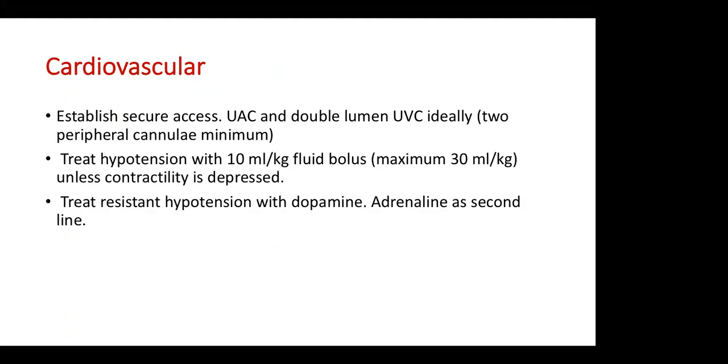Sometimes with prostaglandin and poor function, you might need to support them for hemodynamics. So please secure an access. Usually better to have a UAC and a double lumen UVC is ideal. At least 2 peripheral cannulae is minimum.